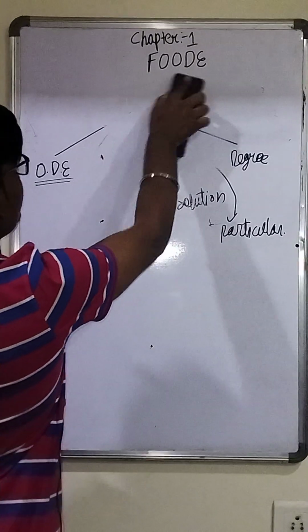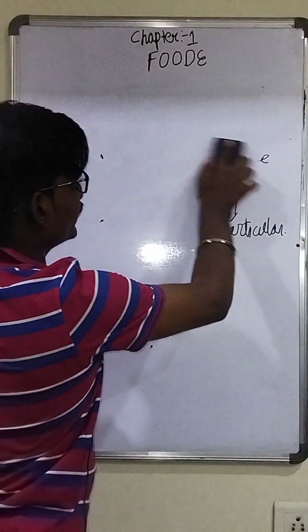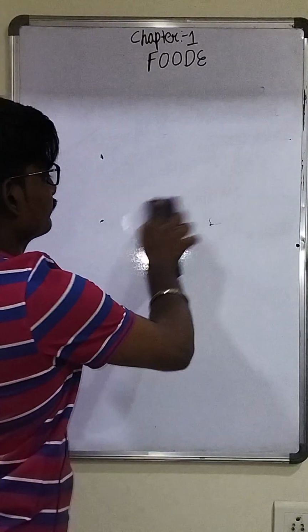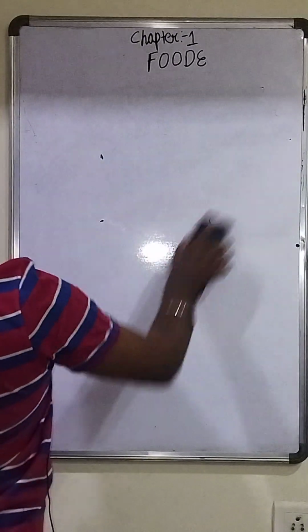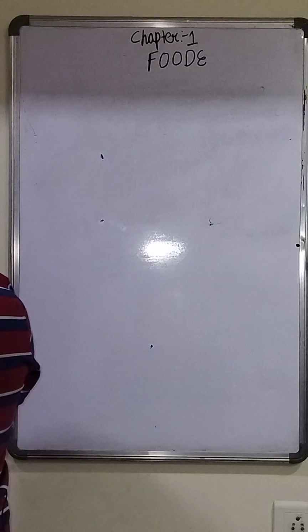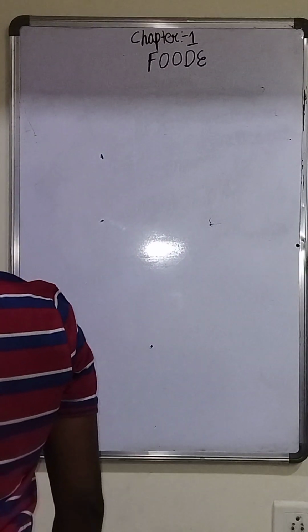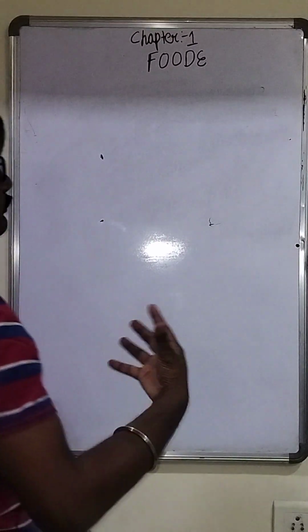What is the meaning of ordinary differential equation? Ordinary means that the function has one or more than one independent variable in it.